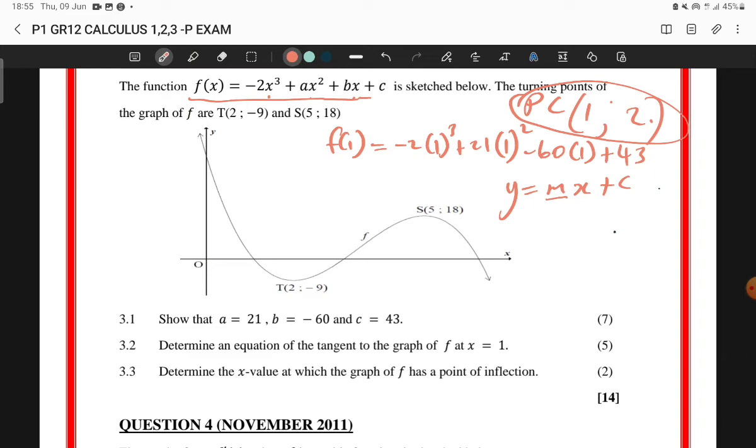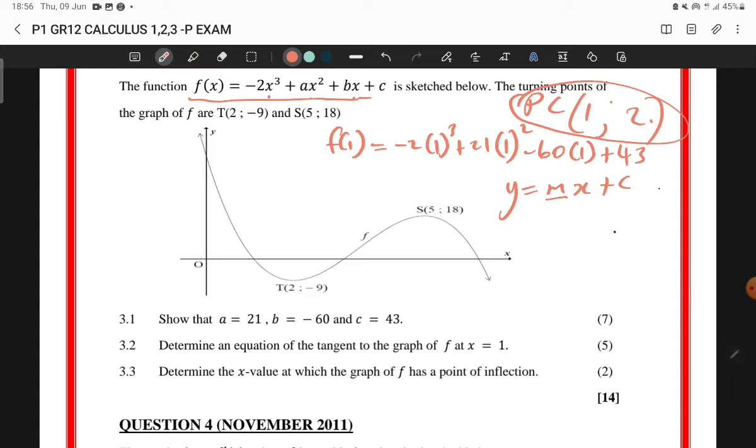What we know about the tangent and the graph is that at the point of contact, or at the point of intersection, the gradients of both graphs are equal. So this is how we are going to find the gradient of the tangent, because we are going to equate the gradient of the function at x is equal to 1 to the gradient of the tangent at the very same point.